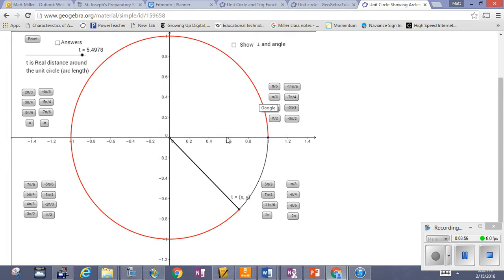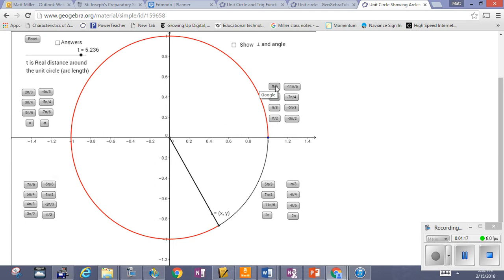A reference angle of pi over 4 in quadrant 4 is 7 pi over 4. A reference angle of pi over 3 in the fourth quadrant is 5 pi over 3. This is good. You should look at this completely and understand it.